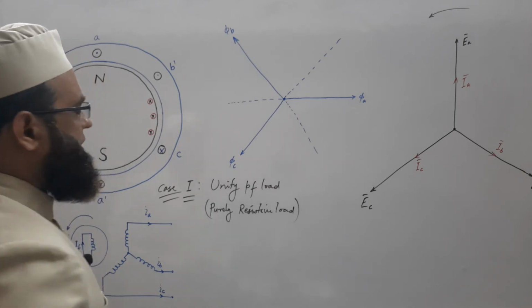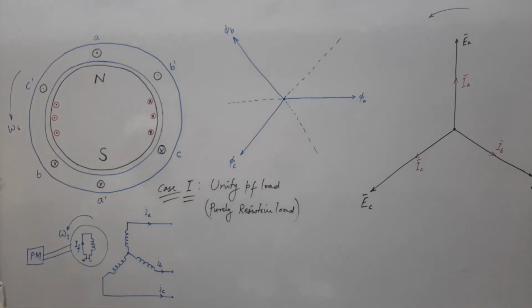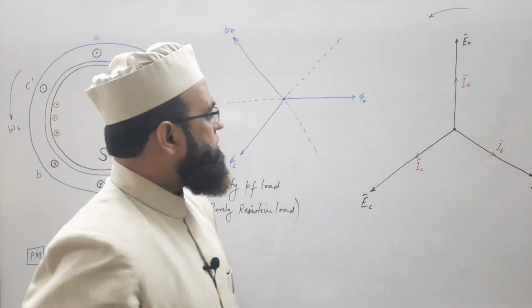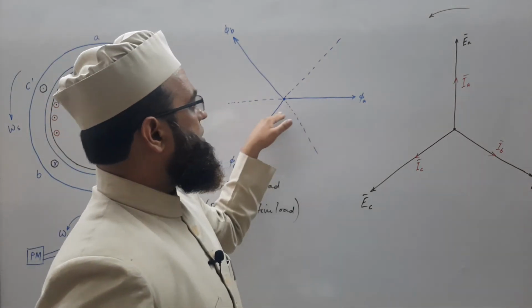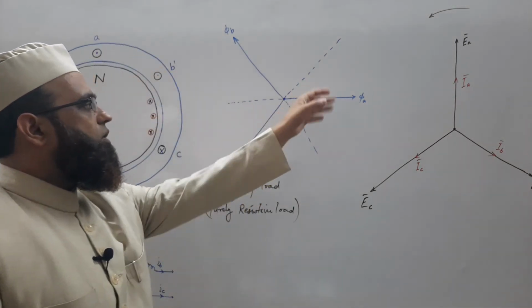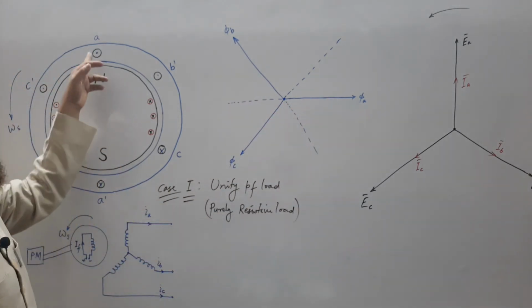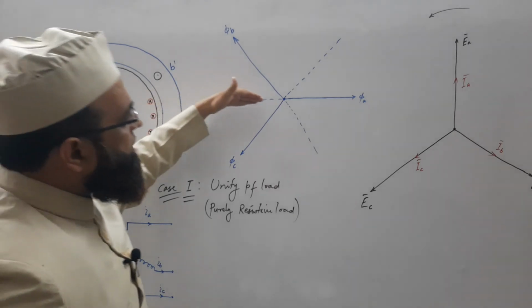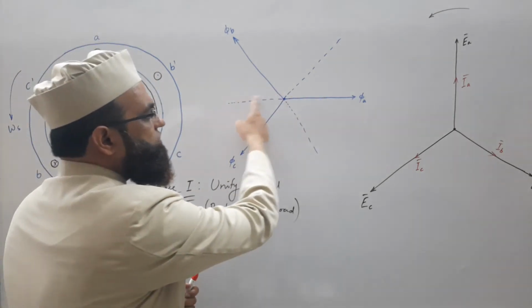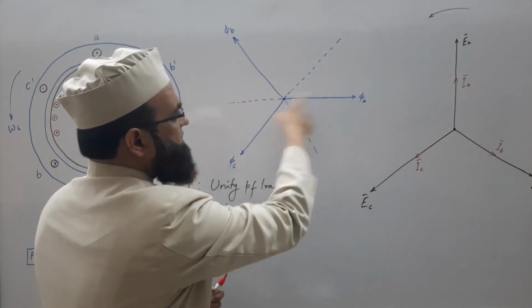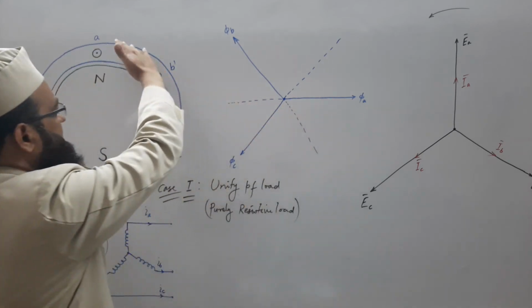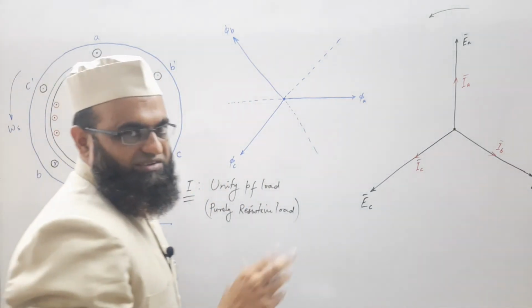As discussed earlier, when current in a particular phase is 0, the corresponding flux is 0, aligned along its own axis. If IA is maximum, the corresponding flux will be maximum, meaning flux will oscillate along its own axis. See, the stator is stationary, so the axis will be fixed.